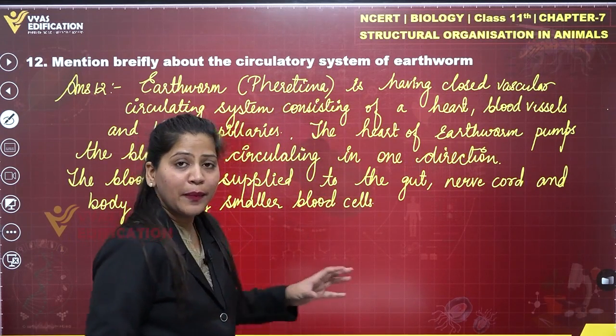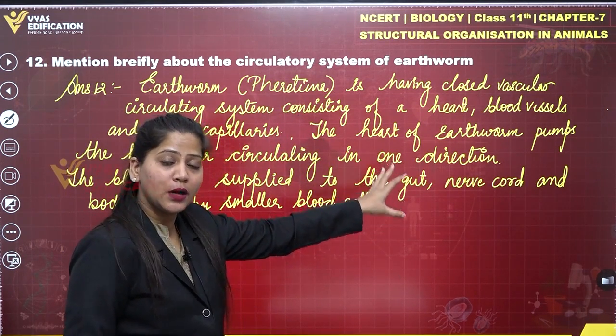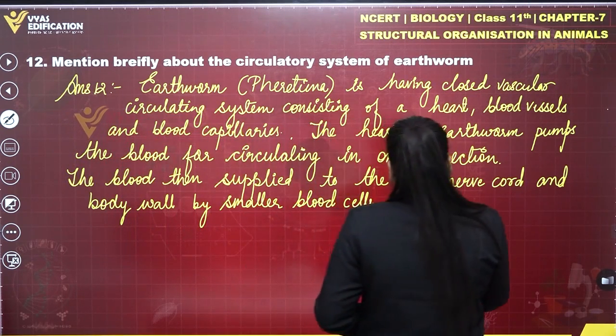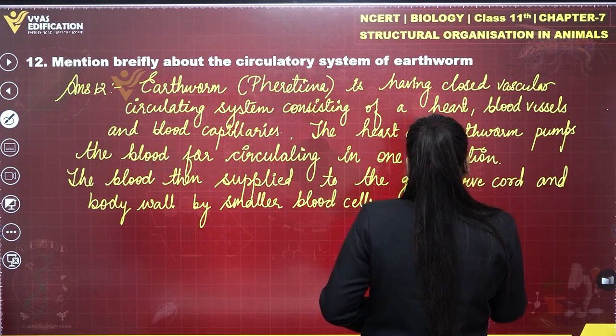So, the blood is supplied to the various body parts of earthworm with the help of these smaller blood vessels. Then, the blood glands are also present in them.